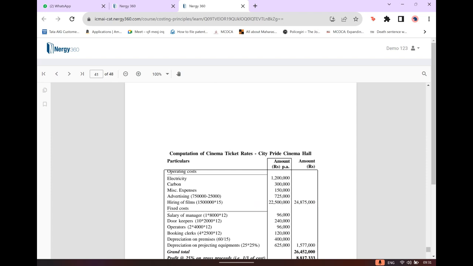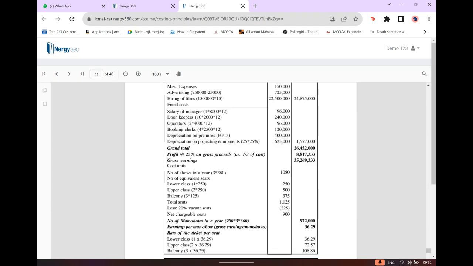So let us see the cost unit. So number of shows in a year is 3 into 360. So that is 1080 shows.